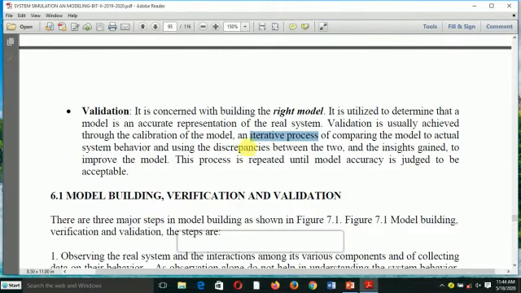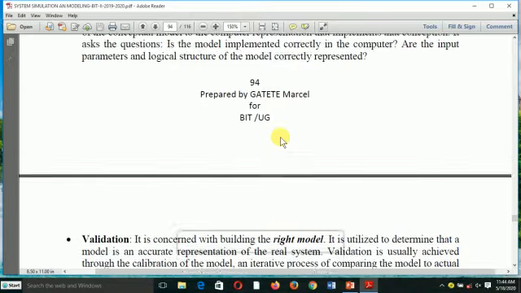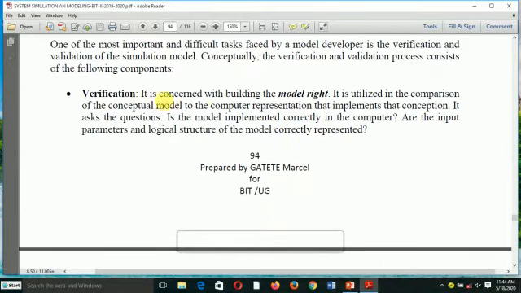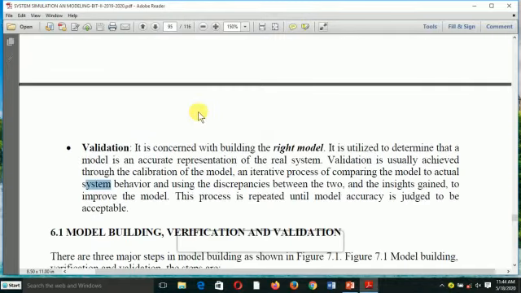And we are going to see discrepancies, the differences between these two systems: the system we are having, and the real one. So verification is conceptual: what we have on sheets of paper, we check if it is the same as the one we have in the computer. But here, what we have in the computer must reflect the real system.